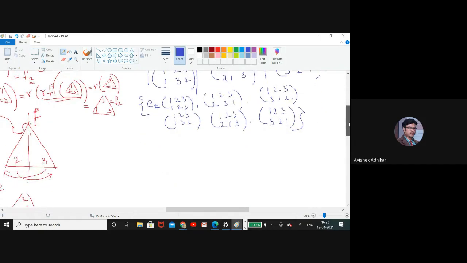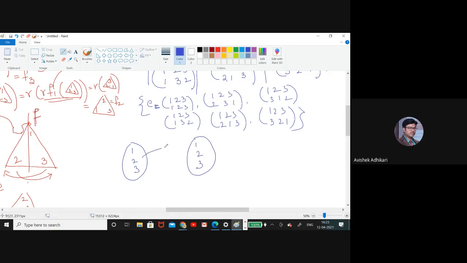Now the question is, what does this notation stand for? It will be clear that this permutation is nothing but a mapping, from a set 1 2 3 to another set 1 2 3.